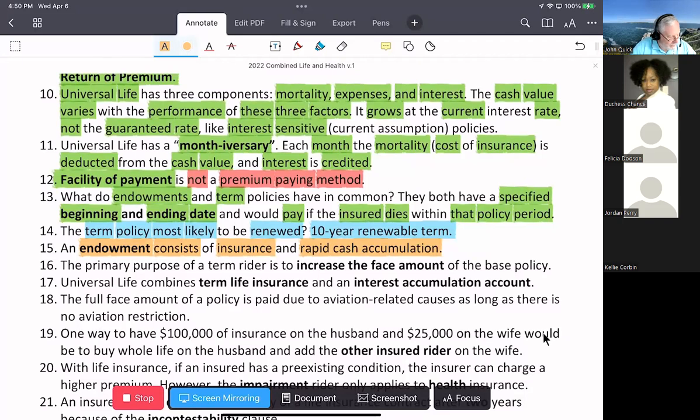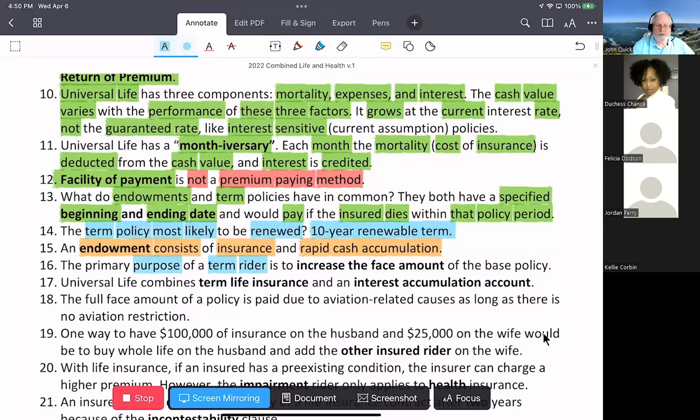So if you think about it, what did we say? Half a loaf is better than no loaf at all. Maybe they really want to buy all whole life, but they just can't afford to do it. So instead of buying nothing, we could get a term rider.